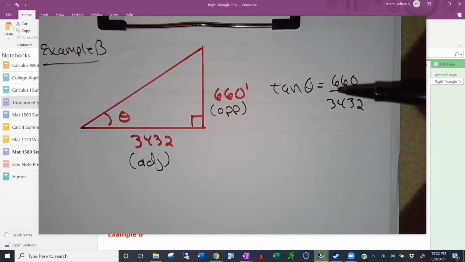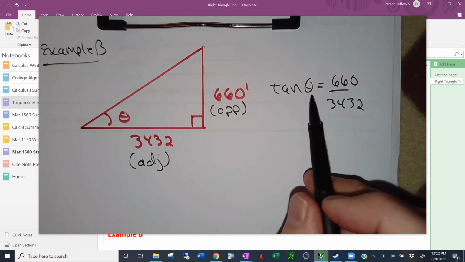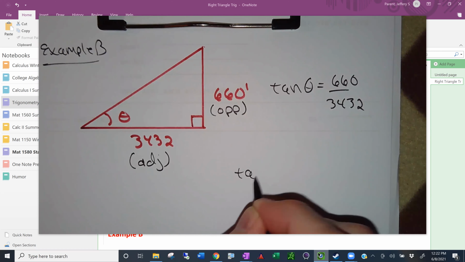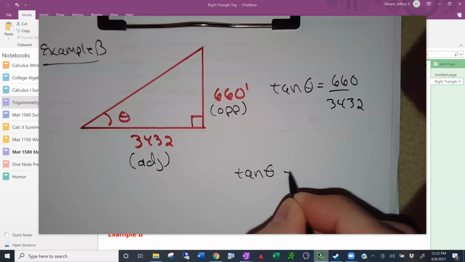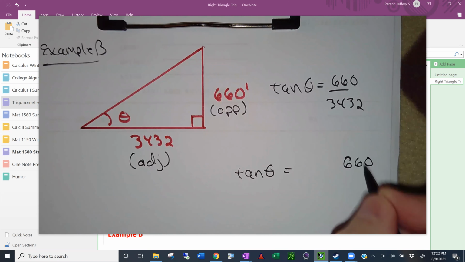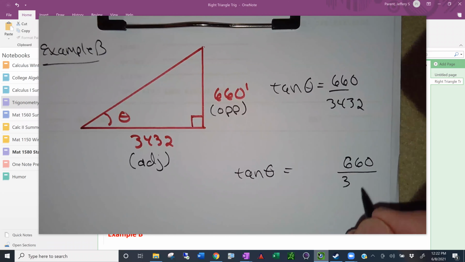Now I'll point out right away, well, let's see, I'll finish solving this and then we'll go back. We want to figure out what theta is. Can anyone figure a way to get theta by itself? Inverse tangent. Oh, well done. Christina, was that you? Yeah. All right. Well done.